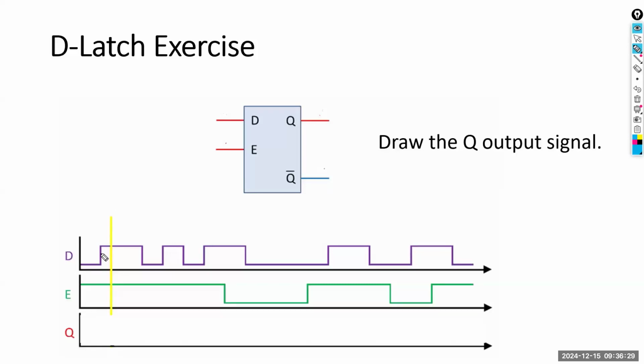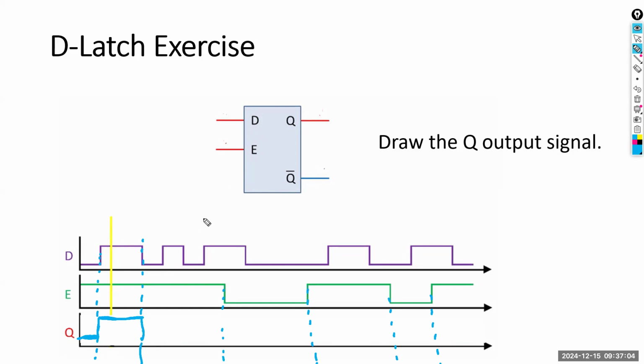So let's assume we start with 0, and now enable is enabled. Therefore it behaves like a normal D latch. When D is 1, Q is 1, and Q stays 1 up to this point because it's enabled. While it is enabled, D is 0 means Q is 0.